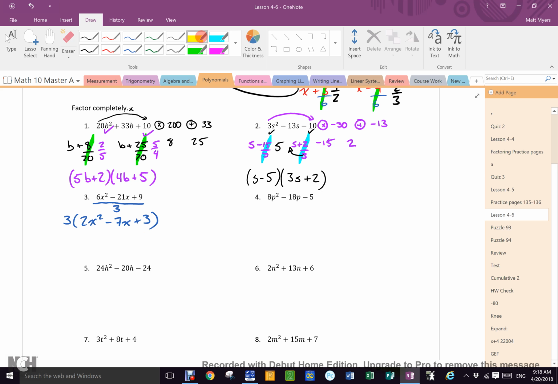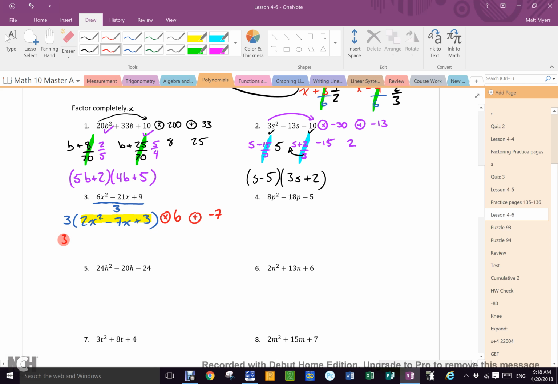Now, do we know what to do there? I need to multiply to what and add to what? Multiply to 6 and add to negative 7. What is it? Negative 1 and negative 6, right?